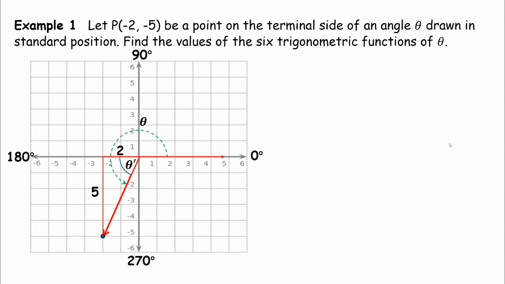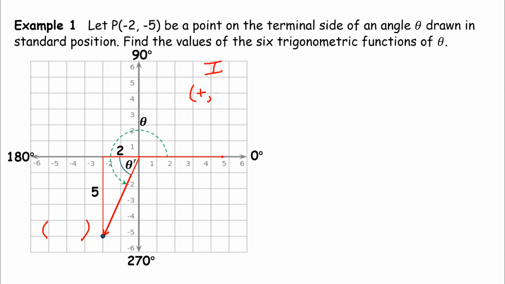And basically, all we have to do is solve the triangle, find the sine, cosine, and tangent for theta prime, and then we just have to apply the fact that we're in the third quadrant where x is negative and y is negative, and we have to apply those signs to the 5 and the 2 in the ratios we get. So just remembering, we have 4 quadrants, so this is quadrant 1.